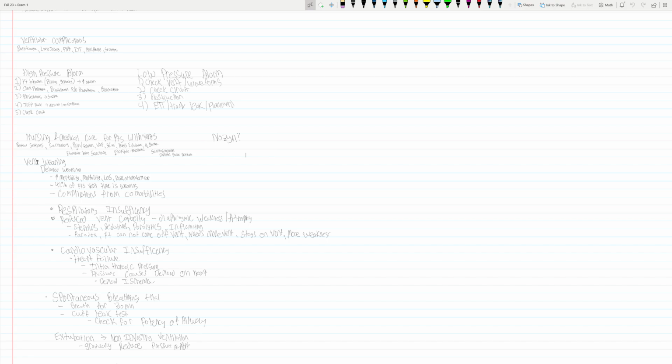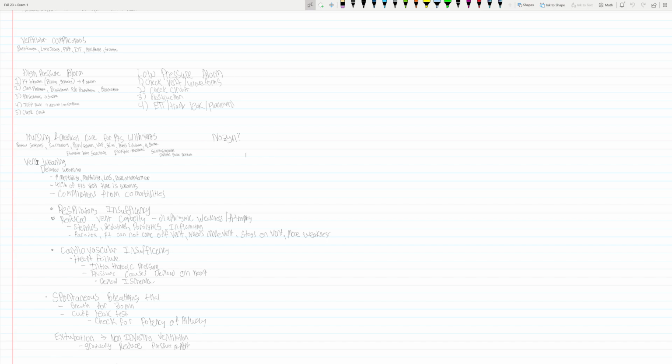The biggest thing is if you delay weaning, it actually makes the patient less likely to have positive outcomes. So we have increased morbidity, increased mortality, an increase in length of stay, and increased risk of long-term care. So if we delay it, the harder the patient's going to have coming off of it. 42% of patient time is from weaning.